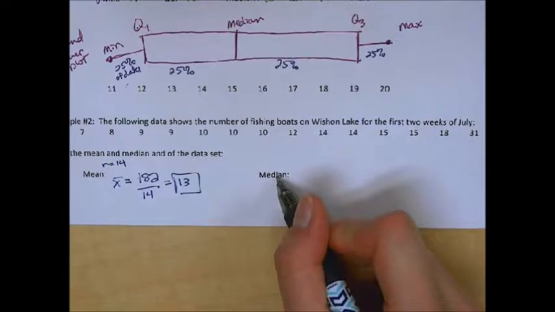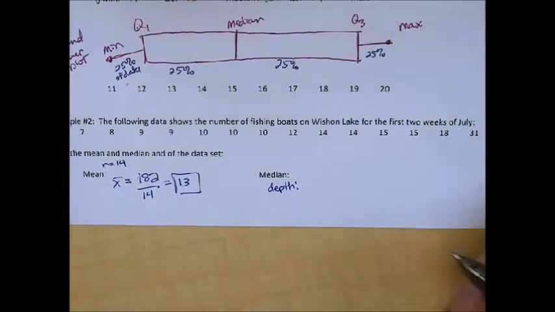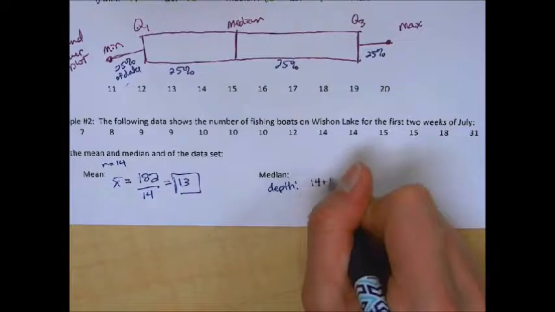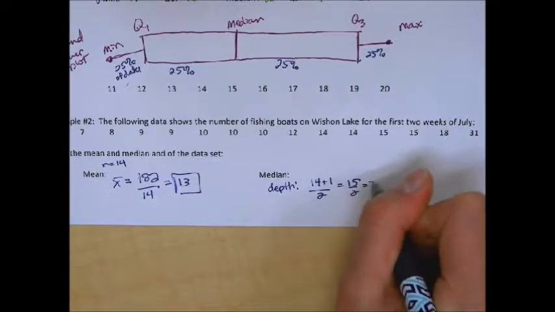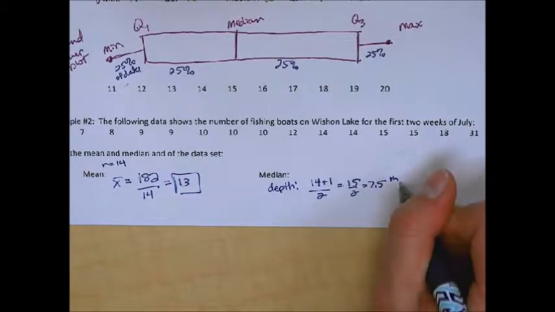For our median, let's look for our depth. We do n plus 1 divided by 2. So I get 7.5 number.